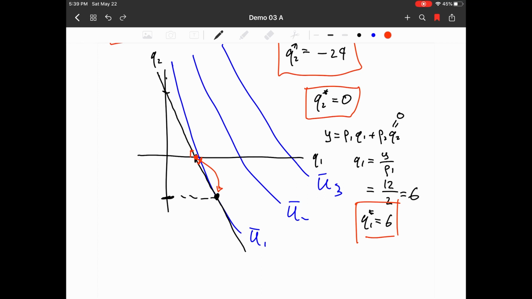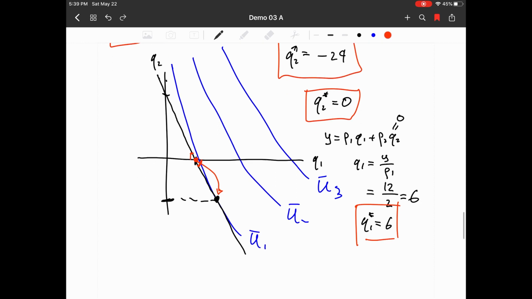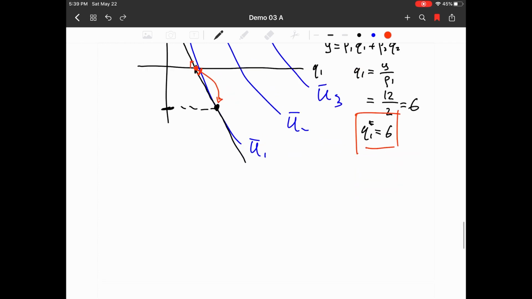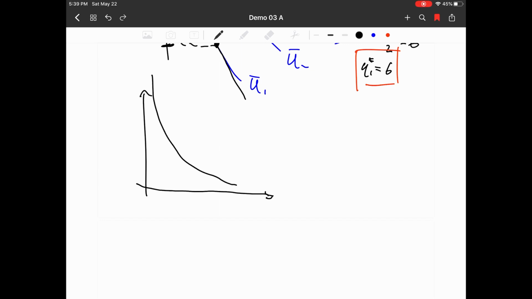Okay. And the reason we were able to do this is because we had a utility function that allowed for a point of tangency below the positive quadrant. And that's not always the case. And with the Cobb-Douglas, you were able to see in the tutorial video that it actually looks more like this.